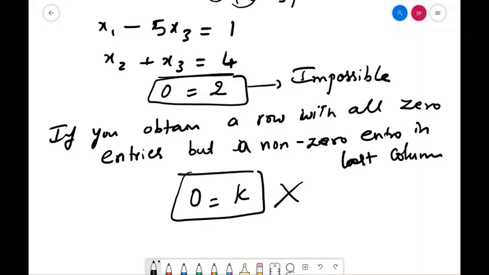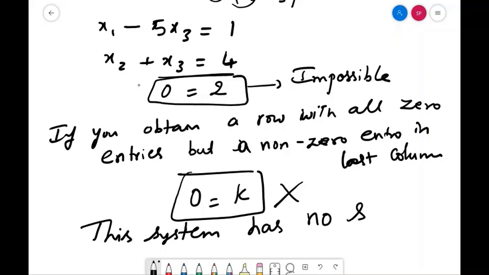So why are you getting this contradiction? Because this system has no solution.